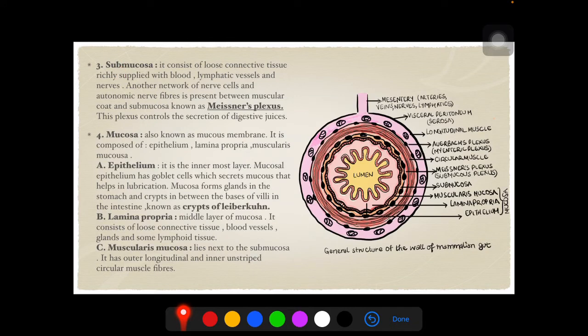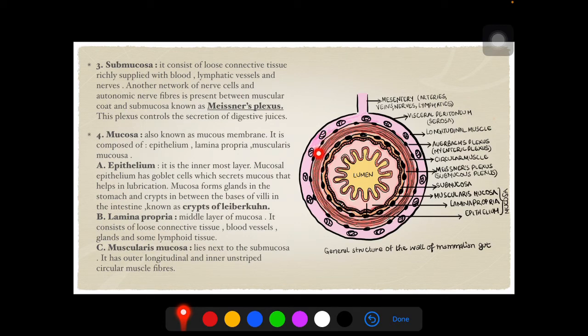Submucosa. It consists of loose connective tissue, richly supplied with blood and lymphatic vessels and nerves. Here another network of nerve cell fibers and autonomic nerve fibers is present between the muscular coat and the submucosa, known as Meissner's plexus.